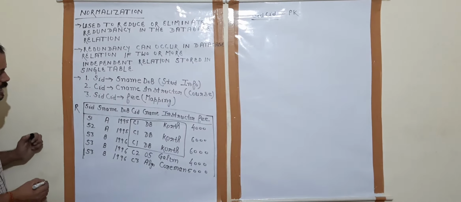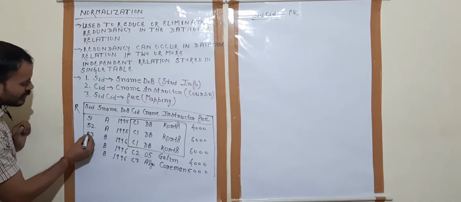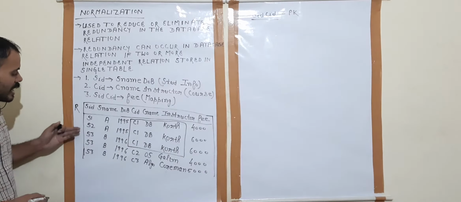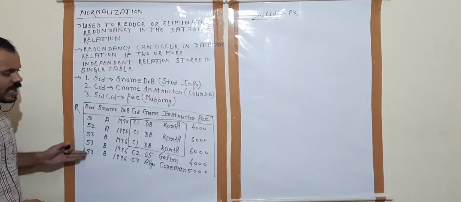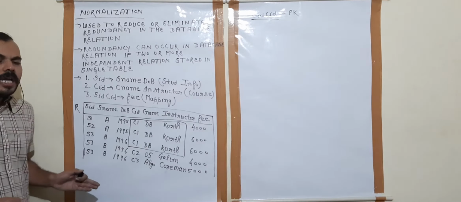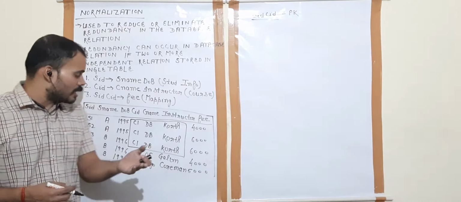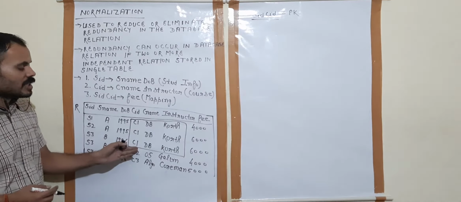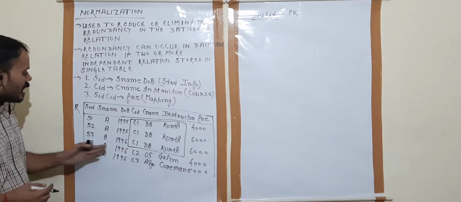And also see here, S3 is the same student, enrolled in more than one course. The student S3 is enrolled in the course C1, whose name is database.